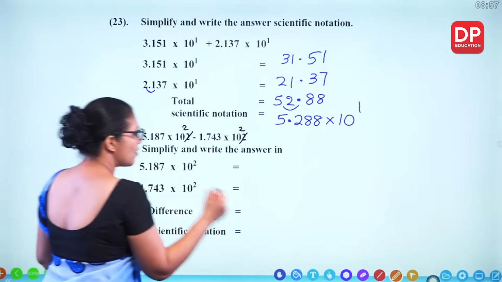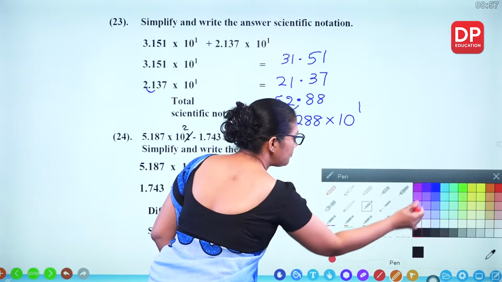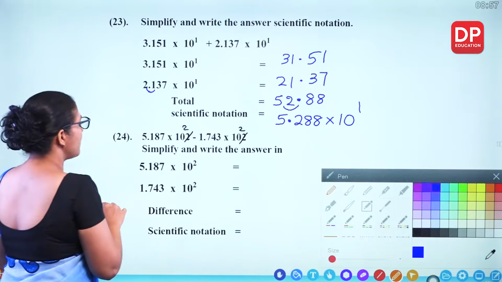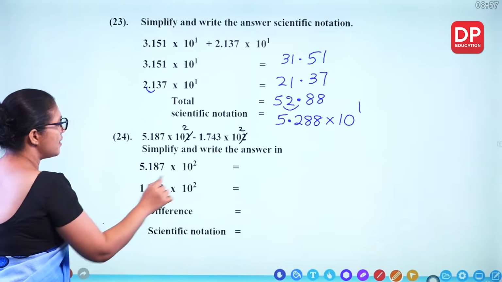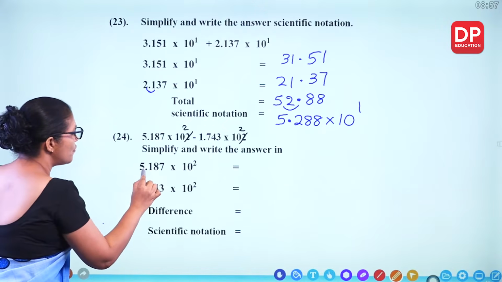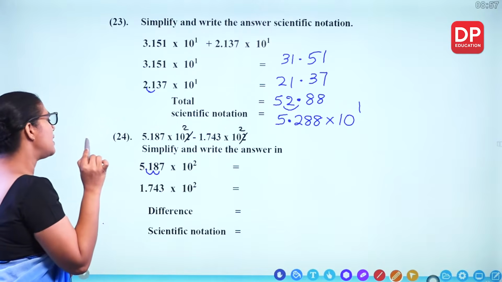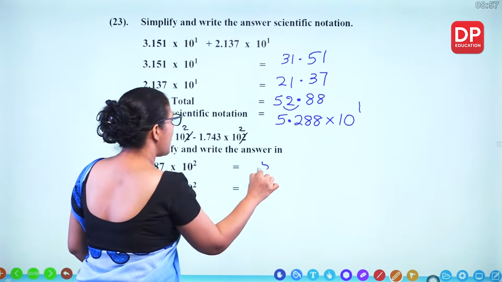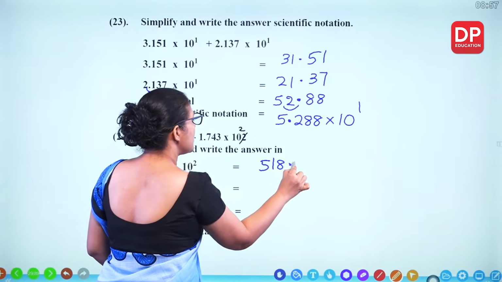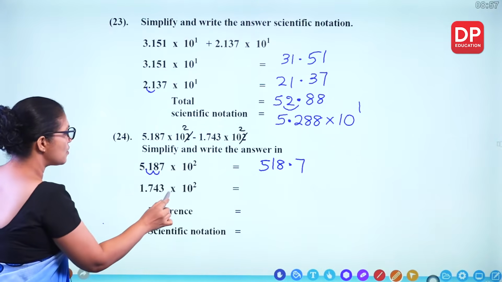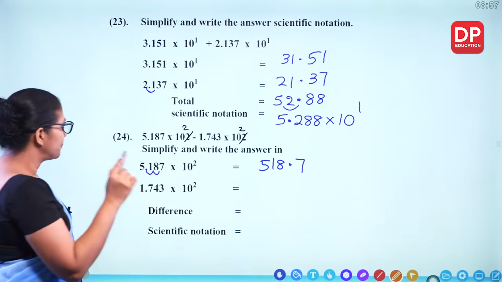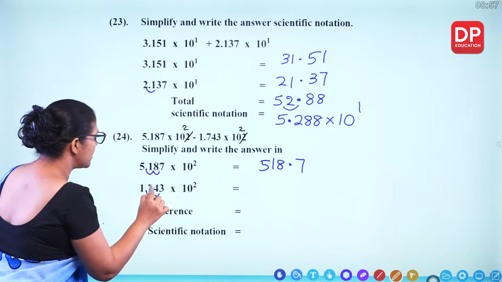Now how can you write 10 to the power 2? First multiply by 100, which means move the decimal place 2 places to the right: 518.7. This one is also 10 to the power 2, 2 places to the right.